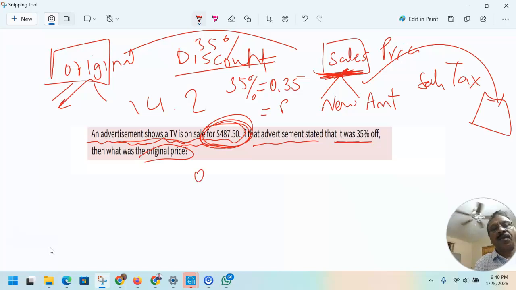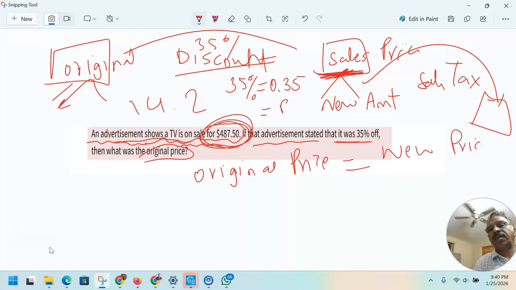So if you see the formula, the formula says the original price is the new price, which is the sale price, right? Sales price divided by 1 minus percent decrease, because there's a discount, a percent decrease.